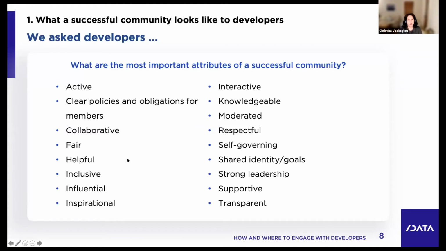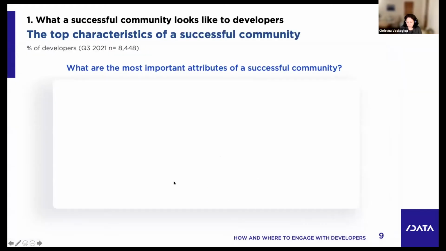But then there are softer, more humane features, if you prefer, such as inclusive and helpful, fair, supportive, respectful, and so on. So it's interesting to see what came out as the most dominant features of a successful community.